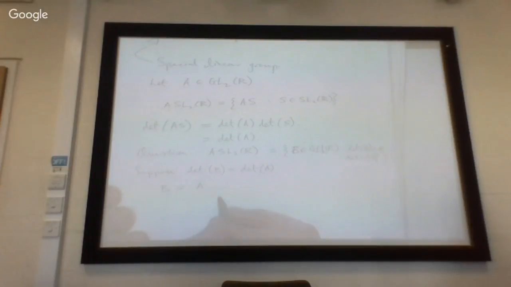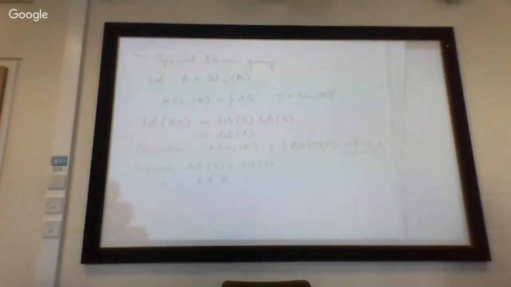Like an identity? No, if it's the identity, then you're just going to get A here. We want it to be equal to B. Oh, A inverse B. Exactly. A inverse B. Is it in SL2R?